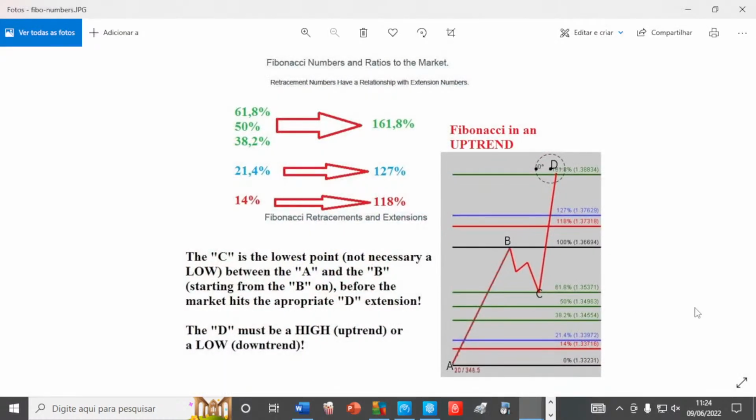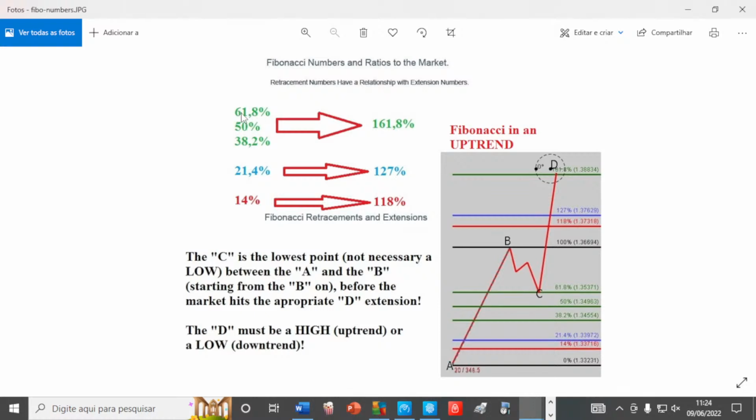Allah says done. Fibonacci numbers and ratios to the market. Retracement numbers have a relationship with extension numbers, everybody. So take a screenshot of this.